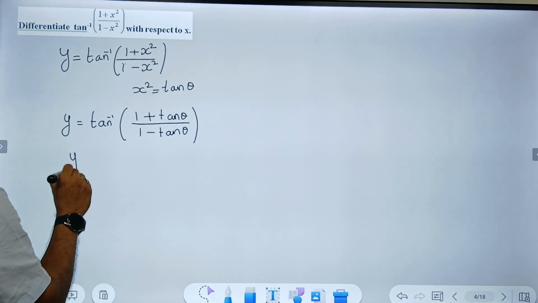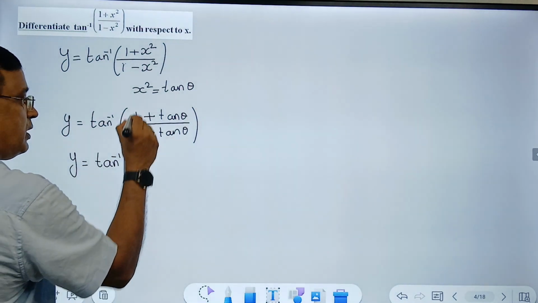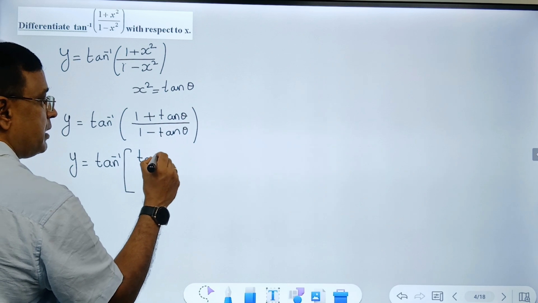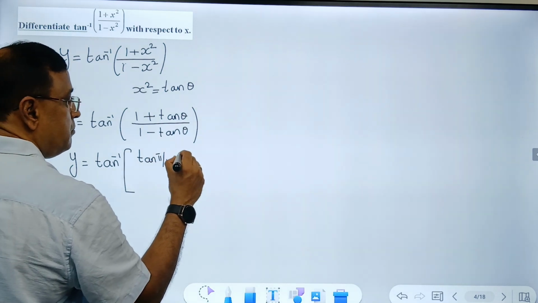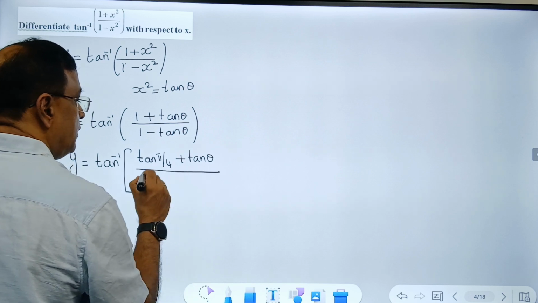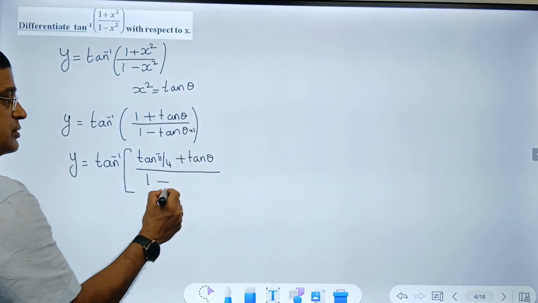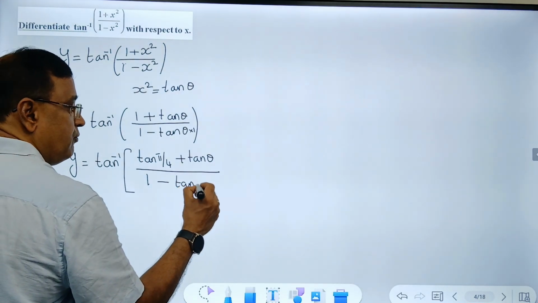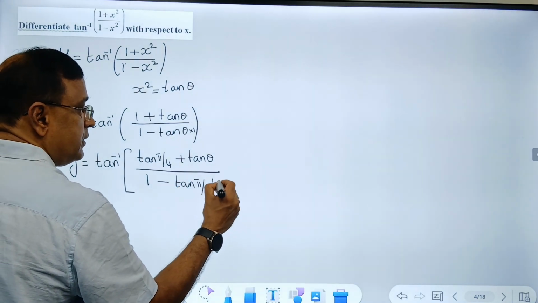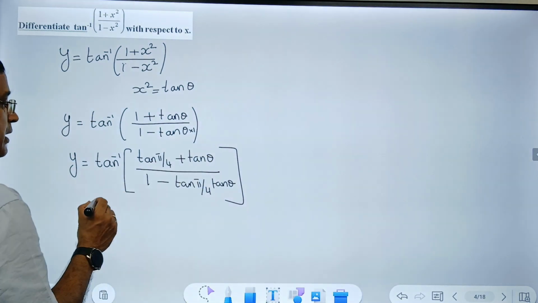Now what is this? This is tan inverse of, can I write this 1 as tan pi by 4 plus tan theta divided by 1 minus, see, you can always have into 1, no issues, right? So it is tan pi by 4 tan theta. So what is tan A plus tan B by 1 minus tan A tan B?